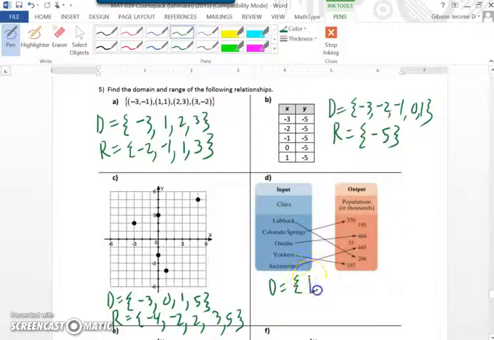Now the domain is all of these values here. What I'm going to do is abbreviate it instead of writing all of these letters out. That is a domain. The range is your output here. Let's see, the lowest number. Now, if you notice here, there's an extra number in this range, but it's not being used.